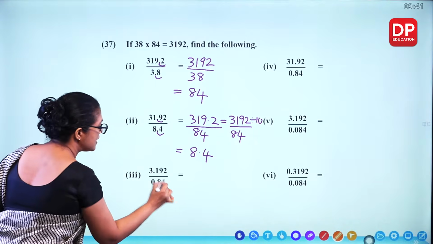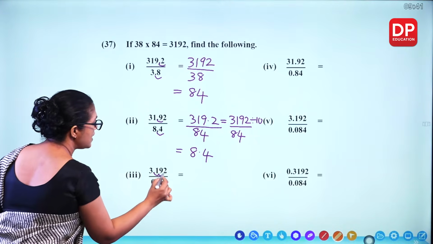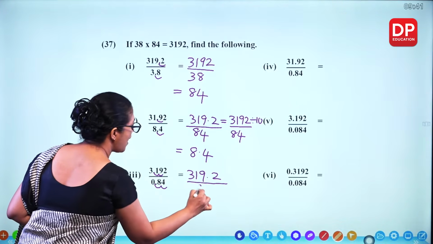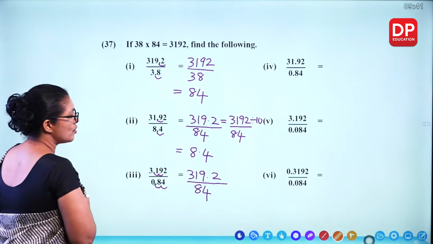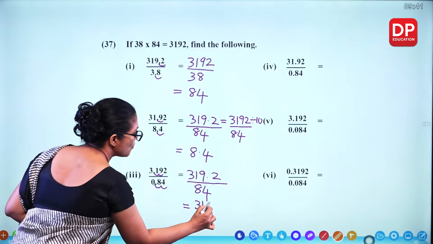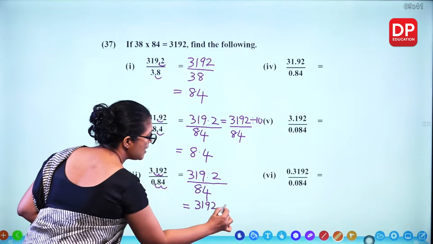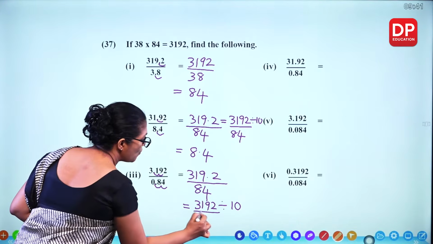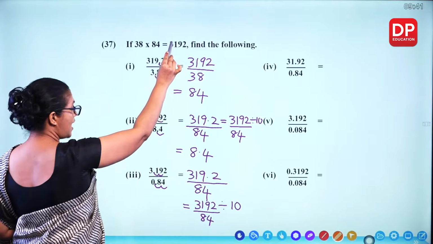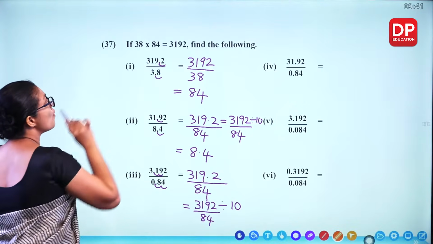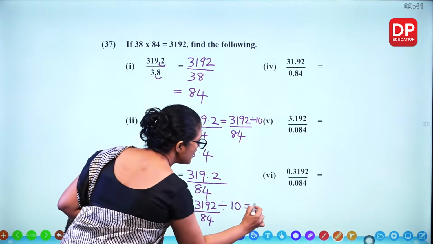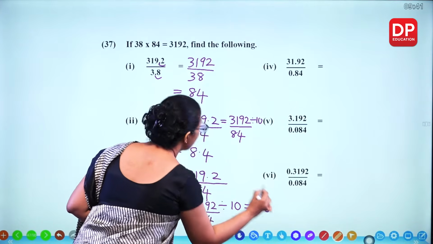Here, move the decimal place 2 places to the right. 319.2 divided by 84. So, what it means here? You get 3192 here again divided by 10. But we know this answer, 3192 divided by 84 is 38. So, 38 divided by 10, 3.8.